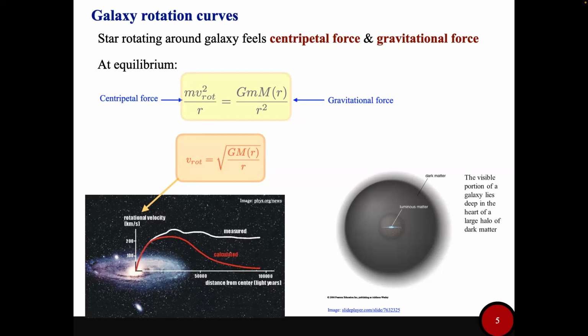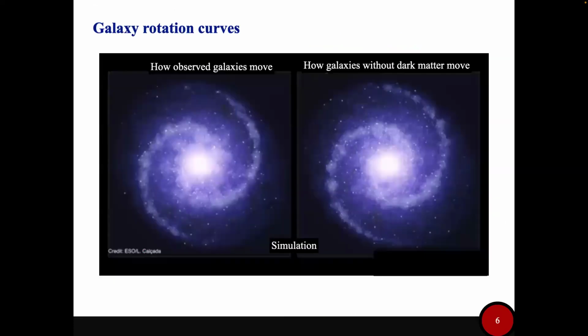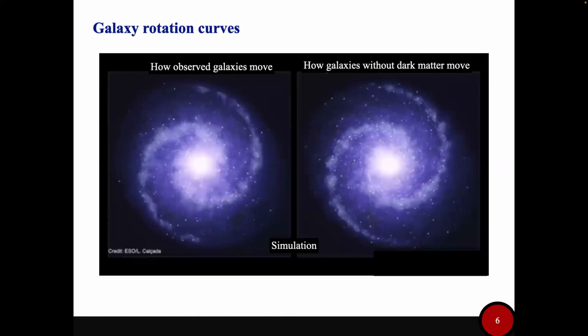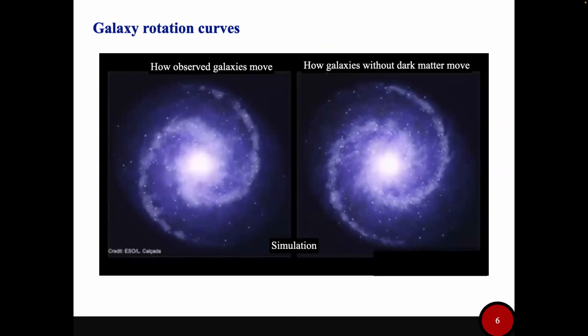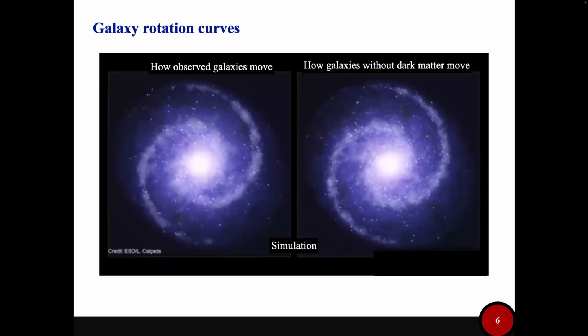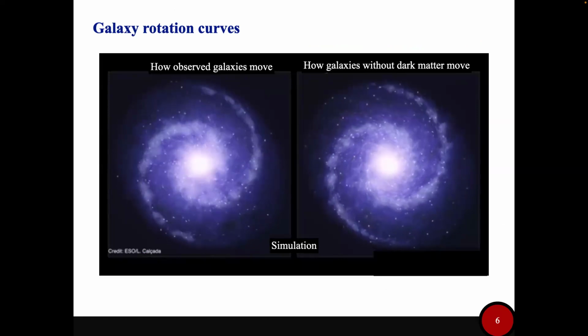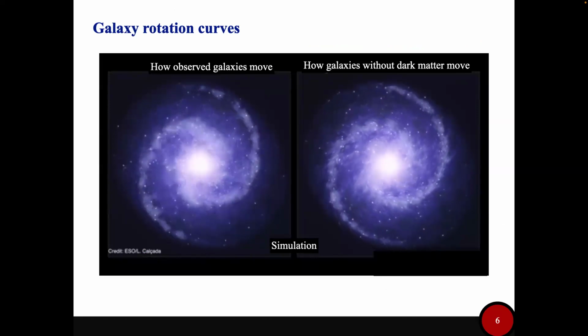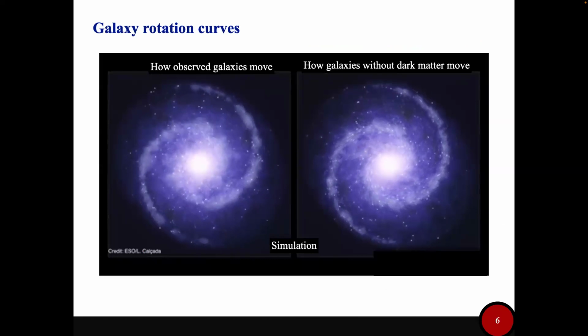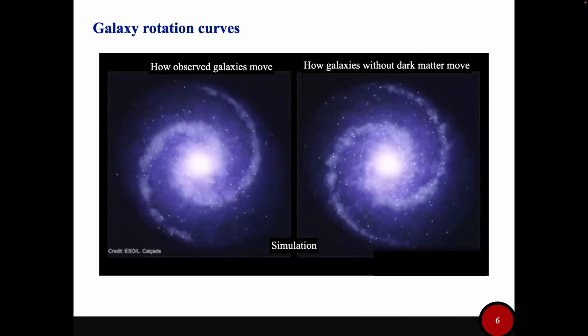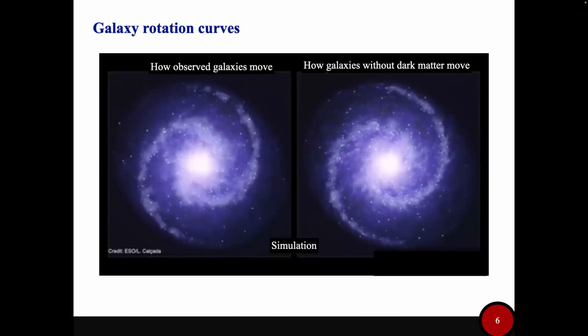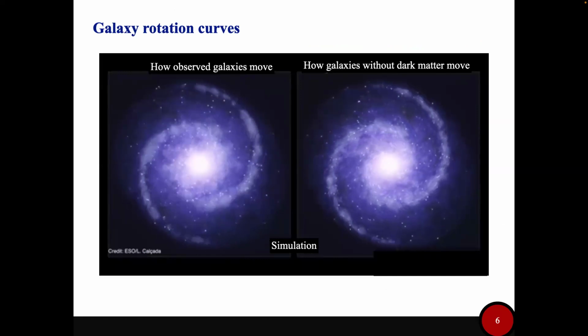Okay, so essentially what this says is that if I had to look at a galaxy face on, this is what it would look like. So this is how observed galaxies move. If I had a galaxy that had no dark matter, I can put this in a simulation, and I'll see that a galaxy without any dark matter would move the following way. So I'd have the center rotating much faster than the outer parts of the galaxy, right?